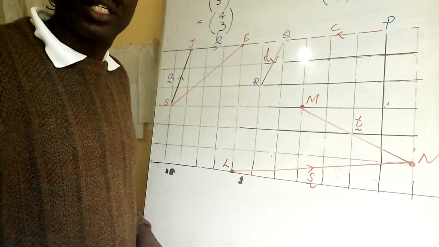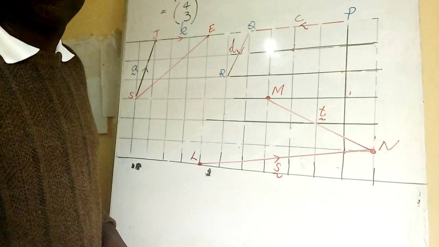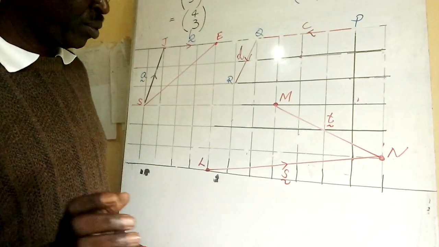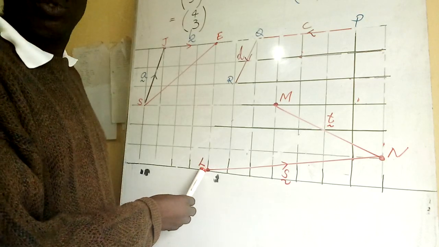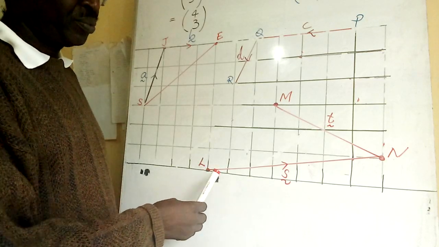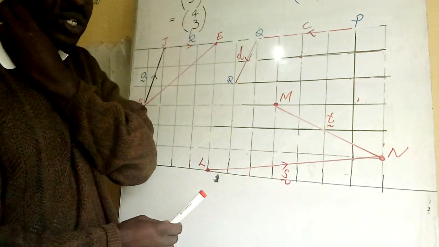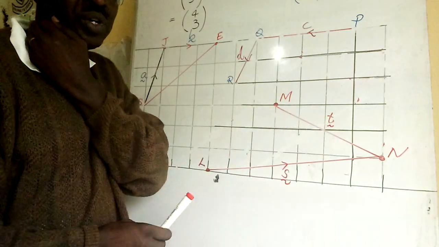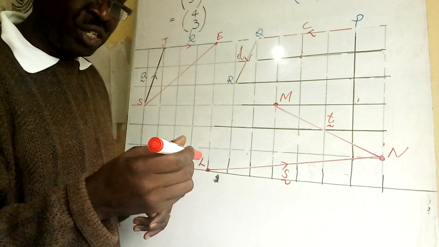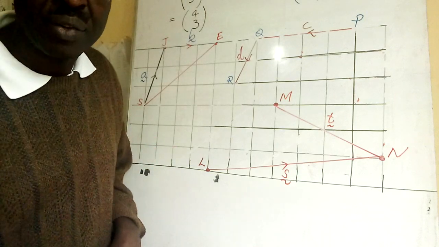I want us to focus now. Here, I have some space where I can write. So from here to there, that is what we call vector S. And from here to here, we call it vector T. So essentially, what am I doing?